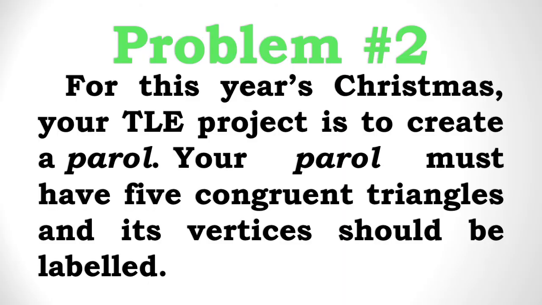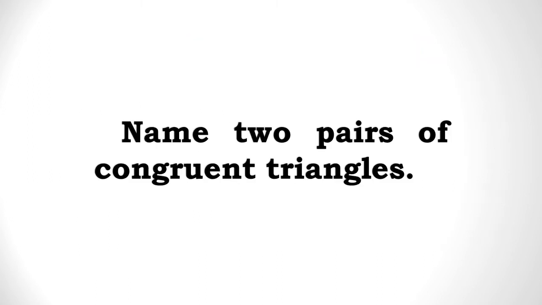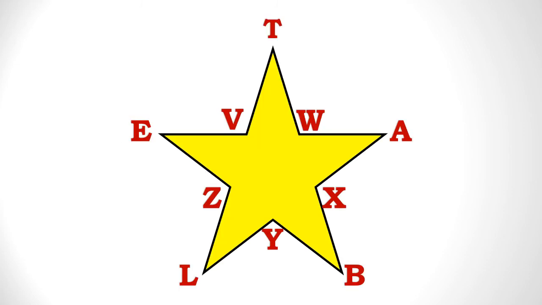Let's proceed to problem number 2. For this year's Christmas, your TLE project is to create a parol. Your parol must have 5 congruent triangles and its vertices should be labeled. Your task is to name 2 pairs of congruent triangles in your parol. Let's assume that you've drawn a sketch of your parol, and here it is.